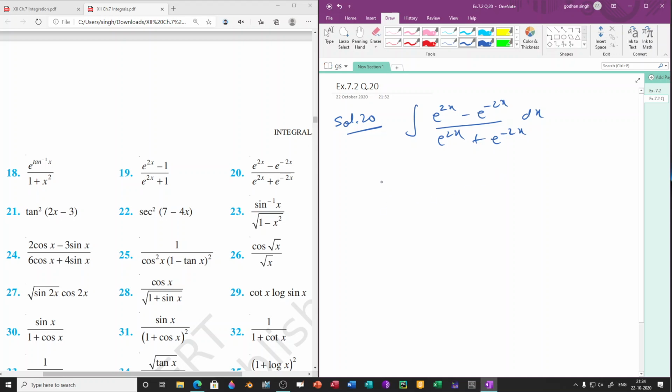So let us put the denominator as t. Let e^(2x) + e^(-2x) equal to t.